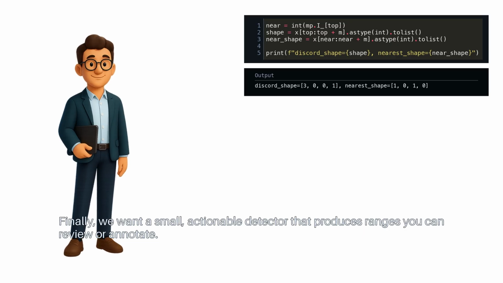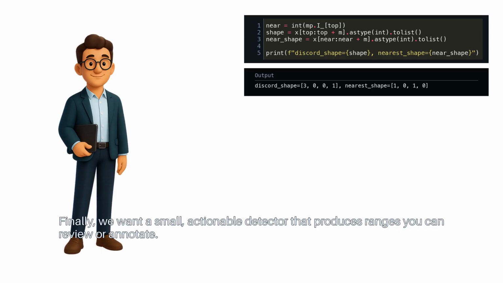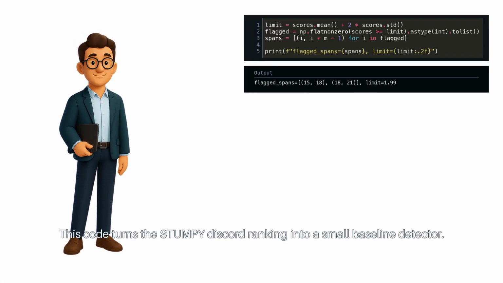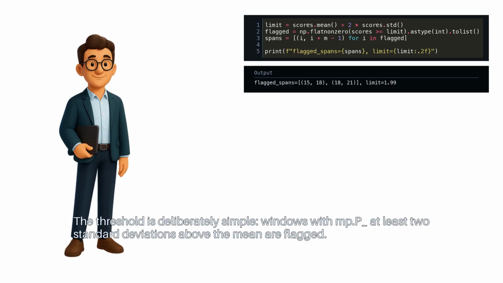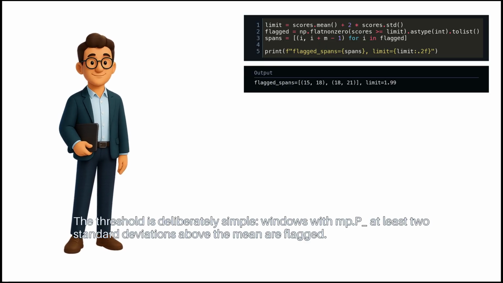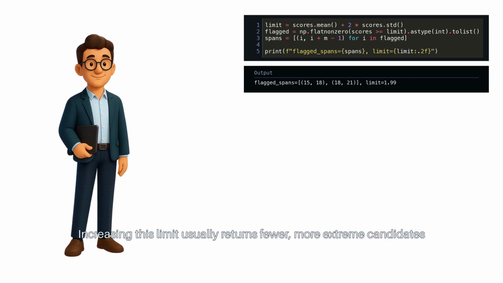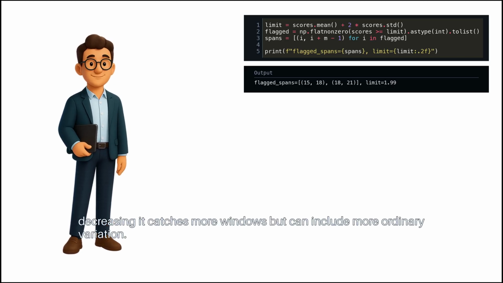Finally, we want a small, actionable detector that produces ranges you can review or annotate. This code turns the STUMPY discord ranking into a small baseline detector. The threshold is deliberately simple. Windows with mp.P at least 2 standard deviations above the mean are flagged. Increasing this limit usually returns fewer, more extreme candidates.